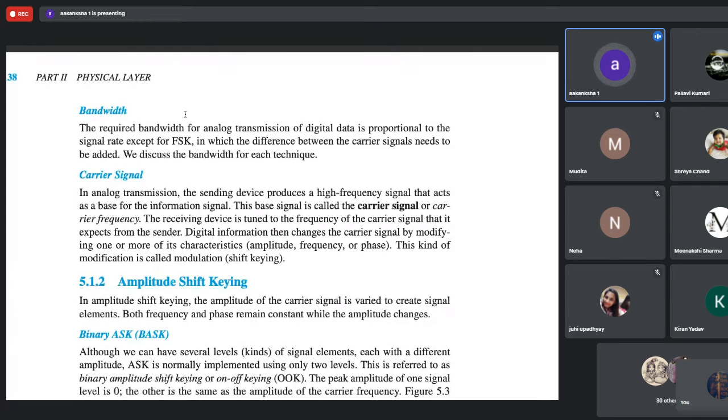So you cannot transmit on the simple audio range. You have to transmit and superimpose the signals onto the higher frequency range, which is not interpreted by the human ear. You cannot hear those high frequencies from a normal human ear. So it has to be modulated and demodulated accordingly.